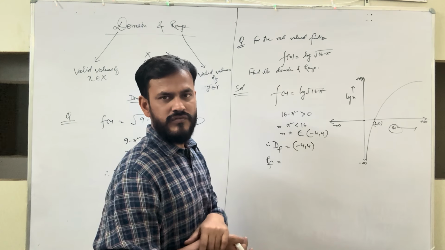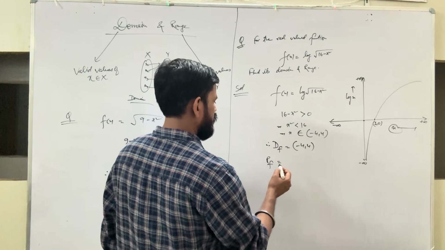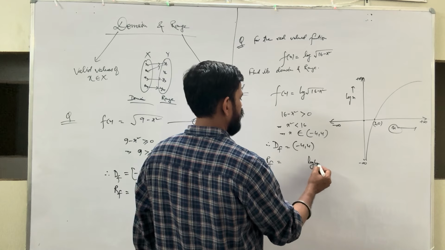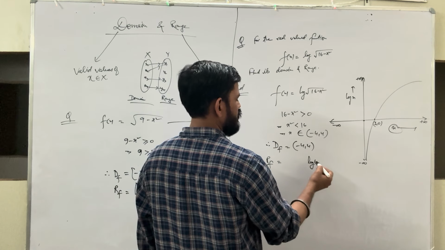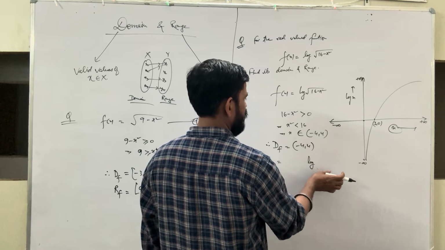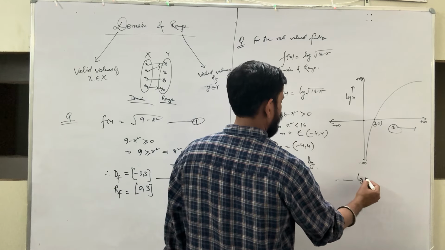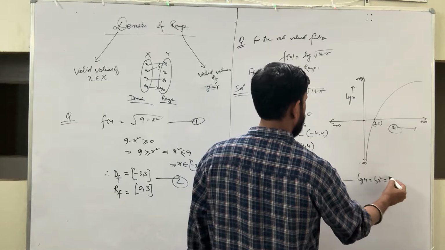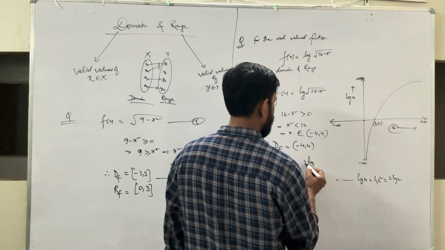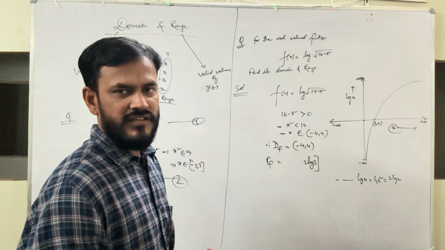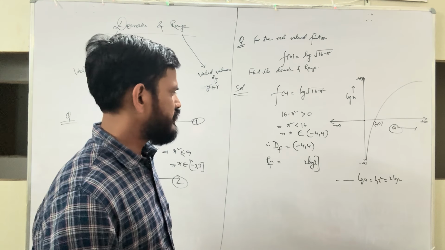That means log of 4. So the maximum value the function can take is log of 4, which is also 2 log 2, because log of 4 is log of 2 square, which will be 2 log 2. That is the maximum value, and close bracket, because it is attaining log 4 or 2 log 2.